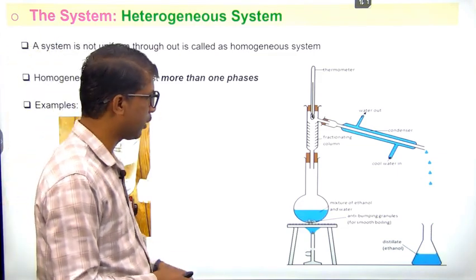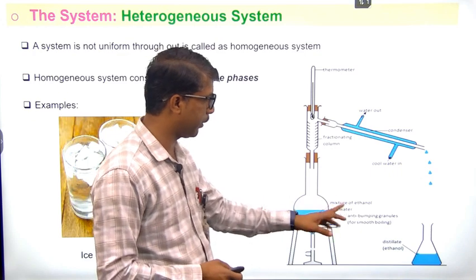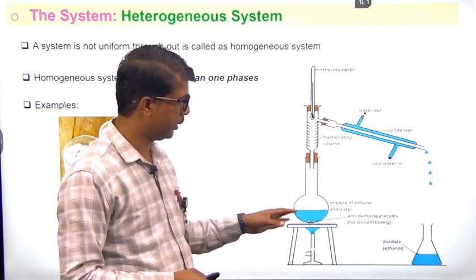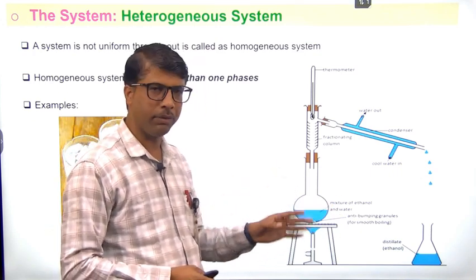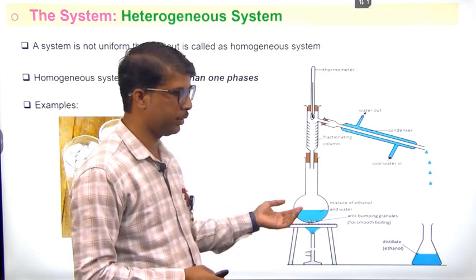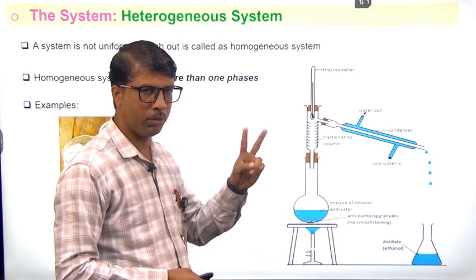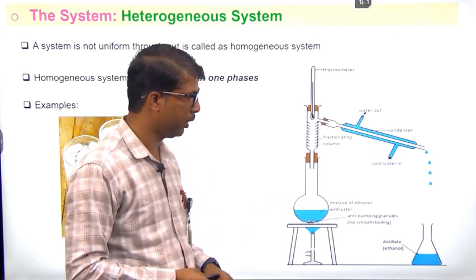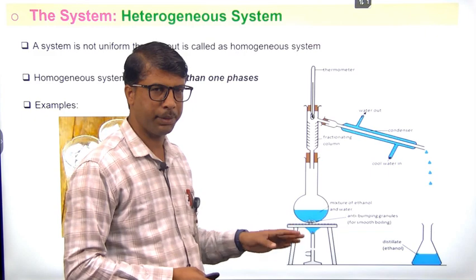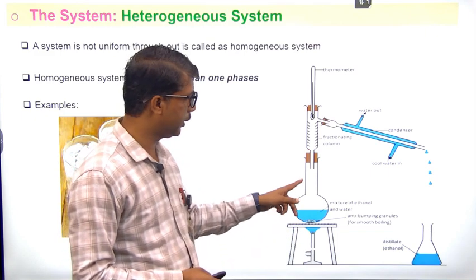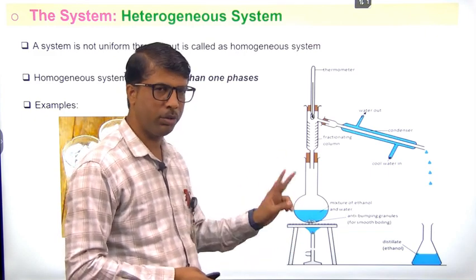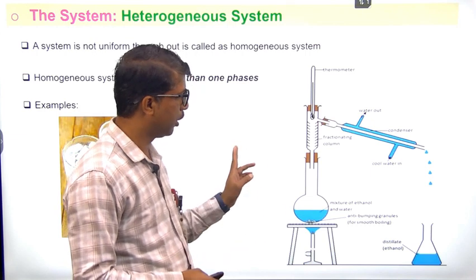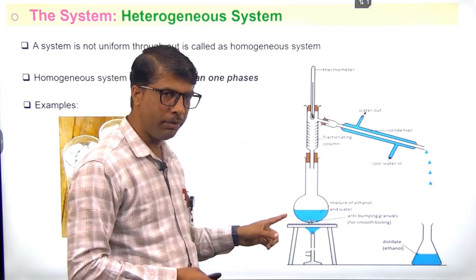In a round bottom flask, we have a mixture of ethanol and water. No doubt both are liquid, but when we heat this mixture, you will observe two different phases. One is a liquid phase containing the ethanol and water mixture, and another is a gaseous phase. So in this round bottom flask you observe two different phases, gas and liquid.